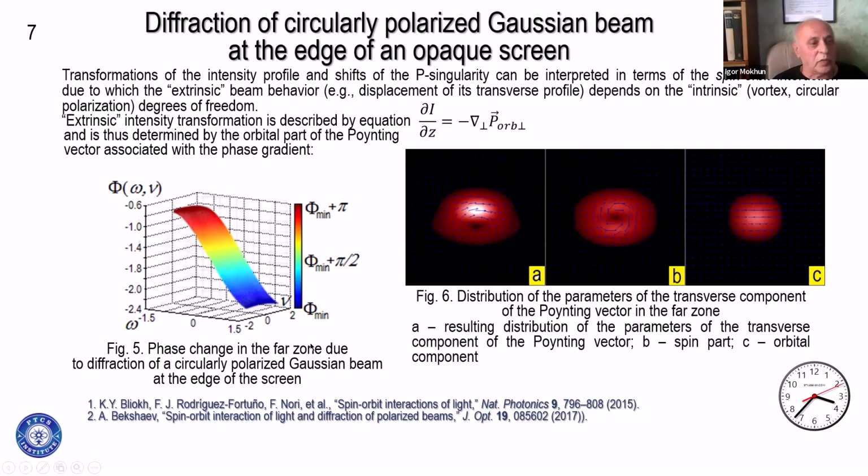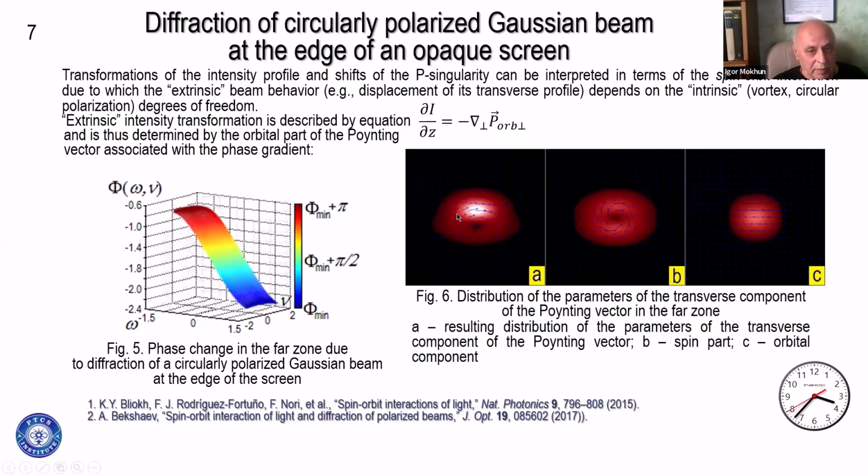As follows from figure B, the spin part is a symmetrical circulation of the vector, while for the orbital component, figure C, the transverse component is directed in one direction at any point of the field.